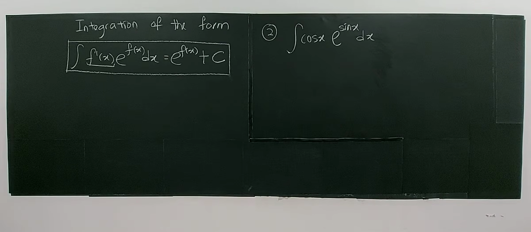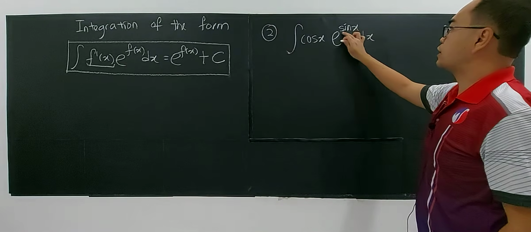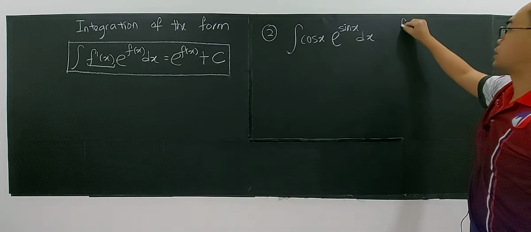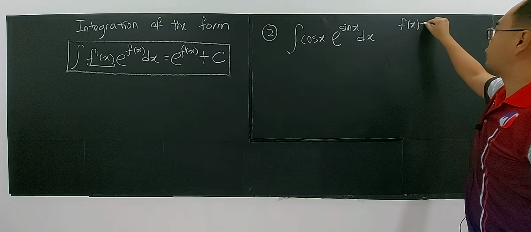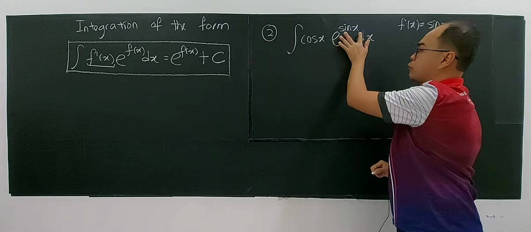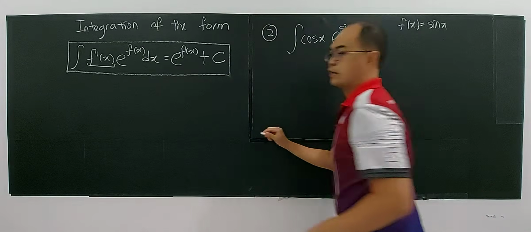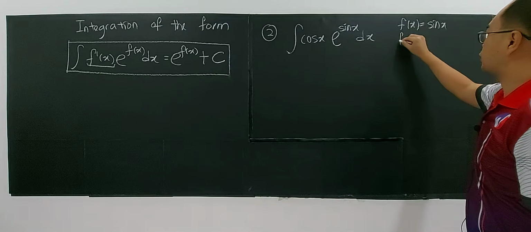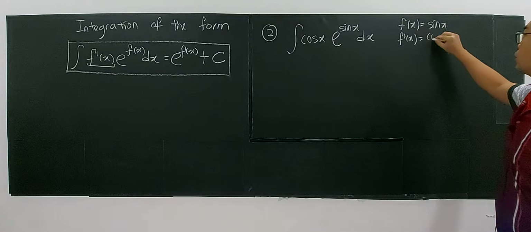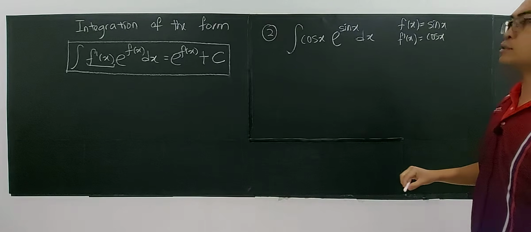Let's look at this. Also very simple. It's a non-linear function, a trigonometric function, but that doesn't matter. We consider the exponent, the power, to be f(x). Then we differentiate. You know that differentiating sine gives cos x.